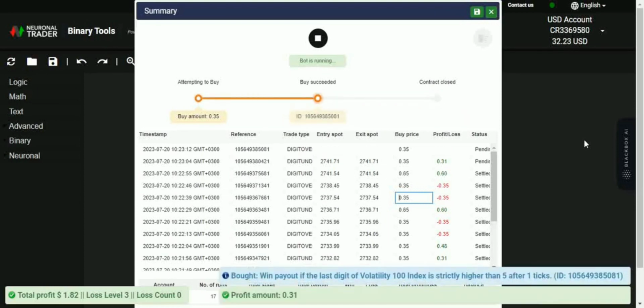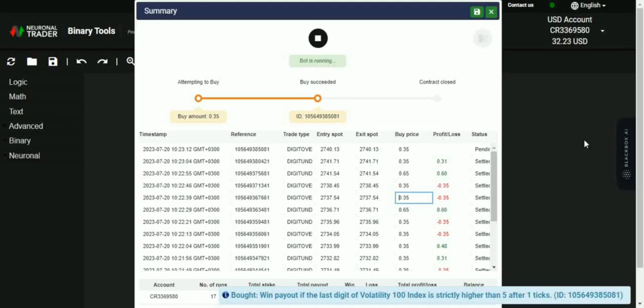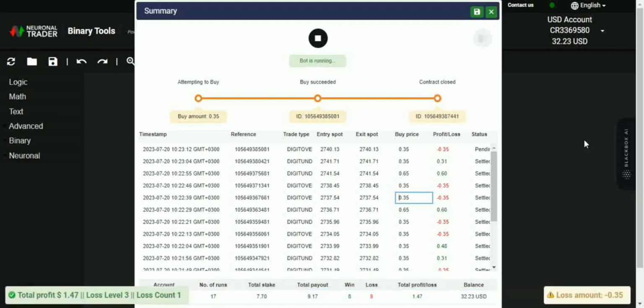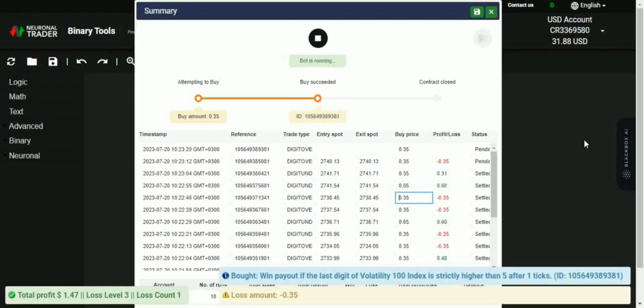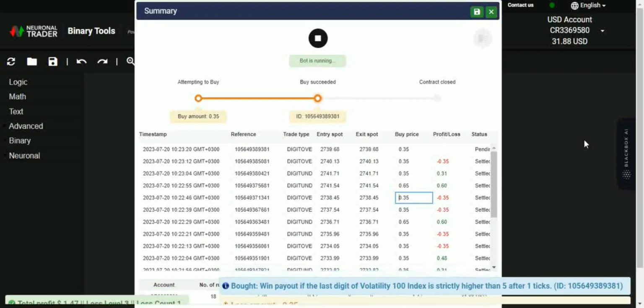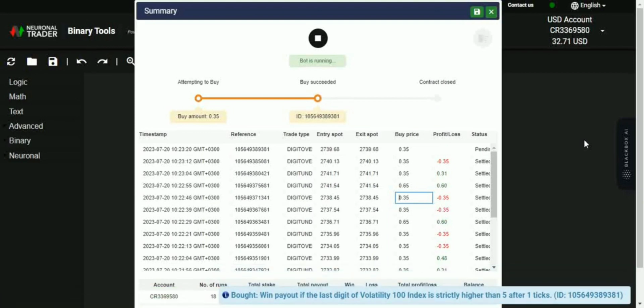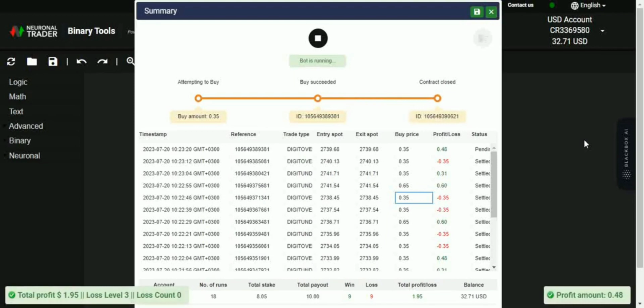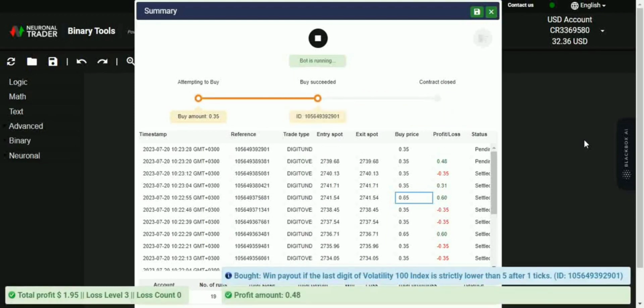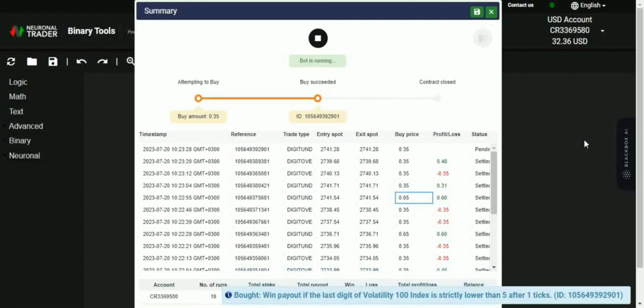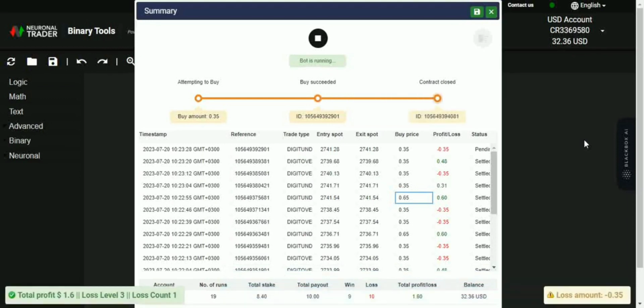So for example, if you're trading on a $30 account, you can go for a target of $3, which is 10%. Or if you go further, you can go for $6 and so forth. So it will all depend on how much you are able to risk, or how much you are willing to risk.